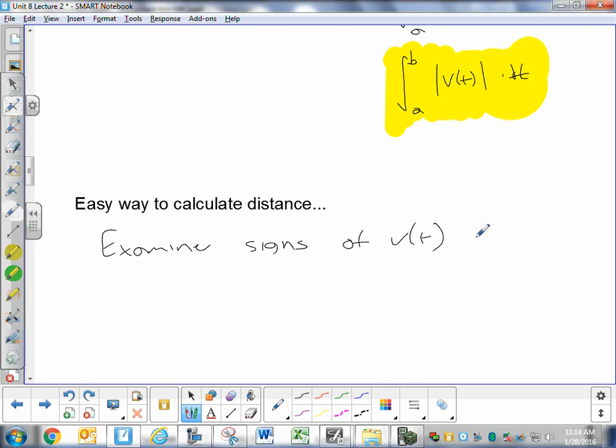Find when it's equal to 0. Add all of your positive displacements when v of t is positive. Subtract the negative displacements when v of t is negative.